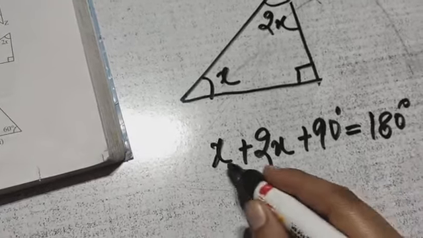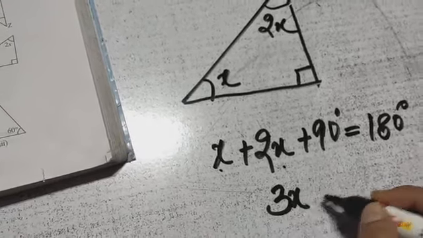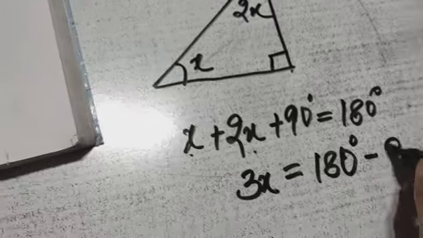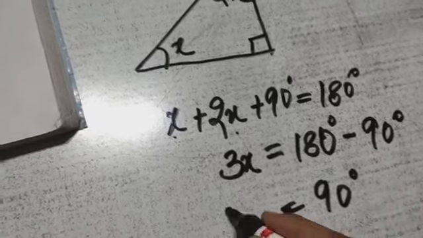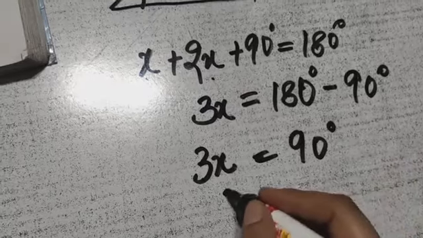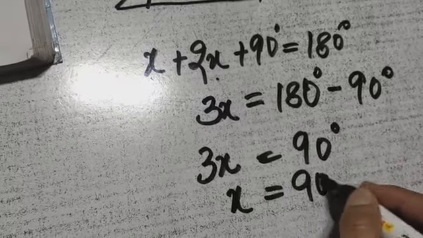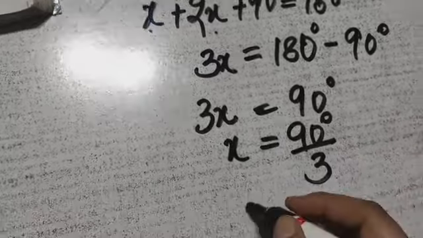Okay, so x plus 2x will be 3x, which is equal to 180 degrees minus 90 degrees, that will be 90 degrees. Here 3x: whenever that is multiplied, this will go to the division. 90 degrees will be divided by 3. So x will be equal to 90 divided by 3, 30. So x is 30 degrees.